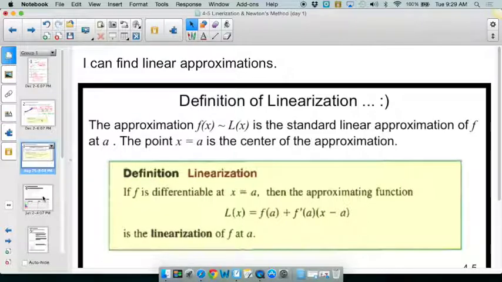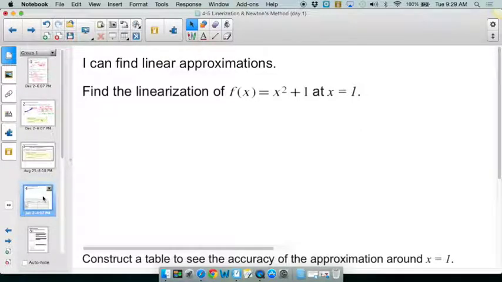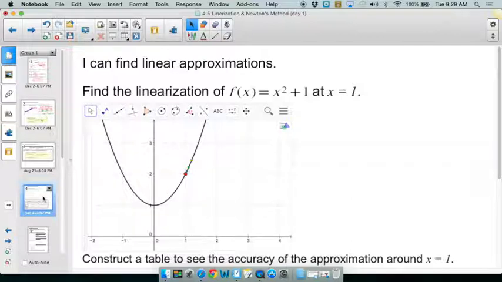So let's try this for this function here, x squared plus 1. The question is: find the linearization of f of x equals x squared plus 1 at x equals 1. So at this red point, if I'm asking you to find a linearization, I'm asking you to do what? Yeah, find the tangent line. Exactly.